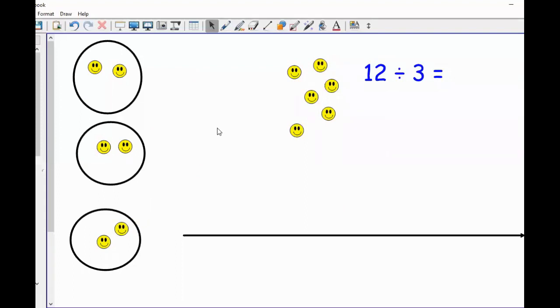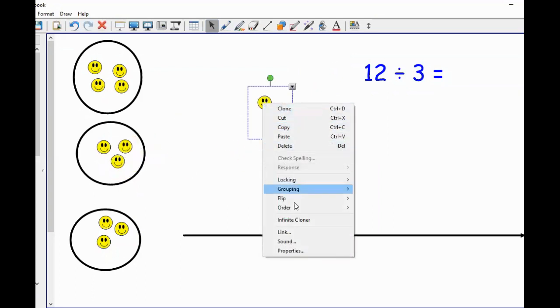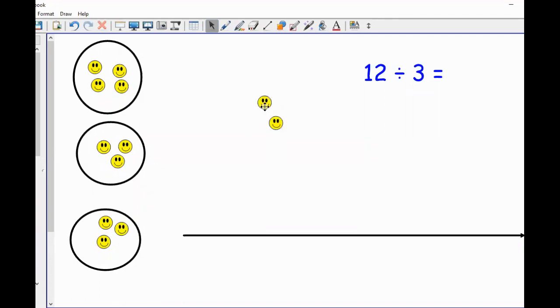We are making groups. There are some more, one here and one here and one here. Now there is no more.